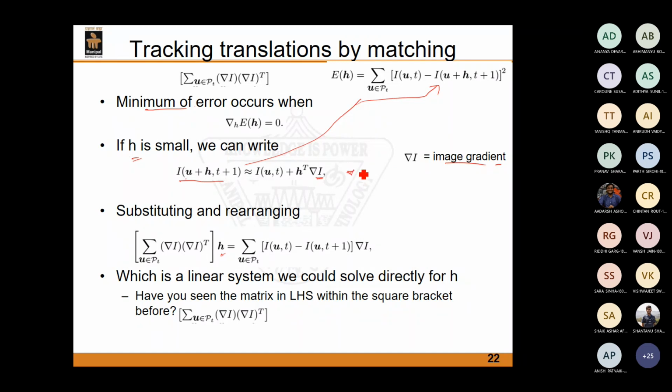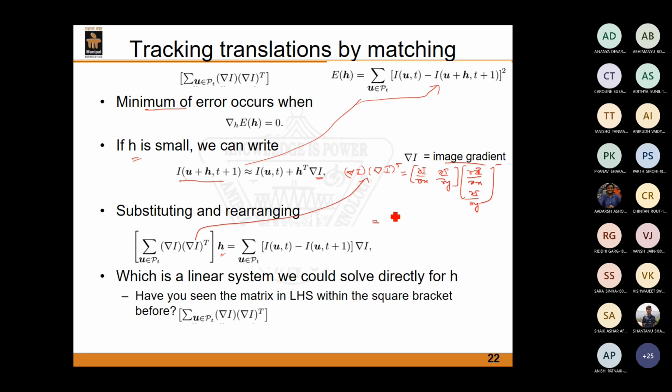I can write delta I into delta I transpose as sigma of the vector dou I by dou x, dou I by dou y, multiplied by its transpose, dou I by dou x, dou I by dou y. What is done is you multiply these and form the matrix. That is how I got this, from the left hand side.